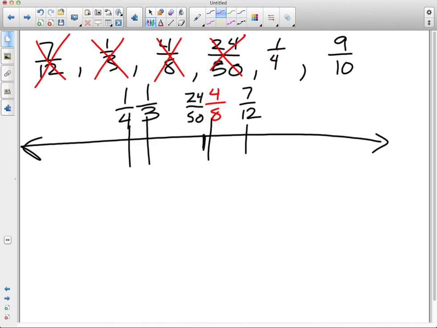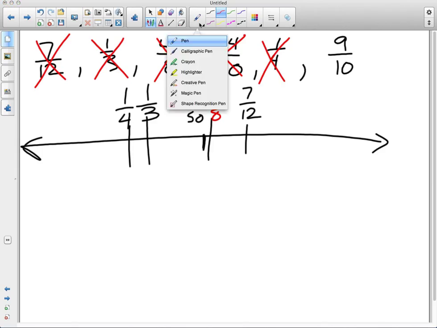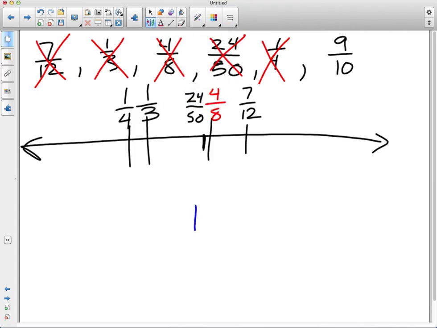Somebody new that we haven't heard from, help us with 9/10. To figure out where 9/10 goes, we need to find out if it's larger or less than half, which it's larger than half, because 10 divided by 2 is 5.